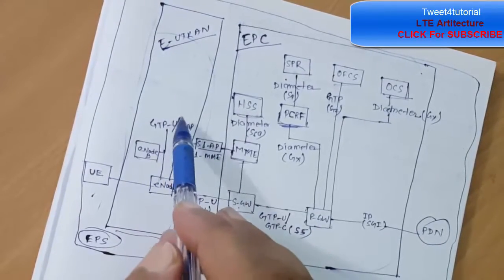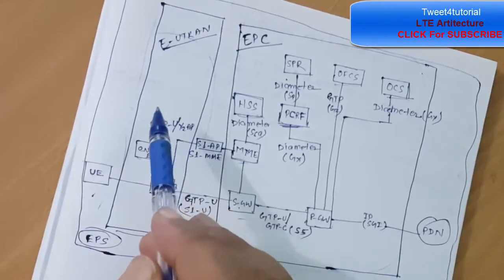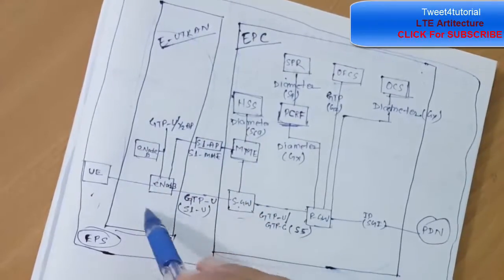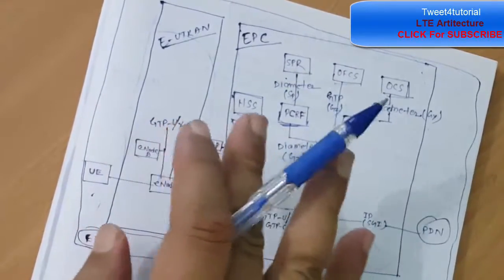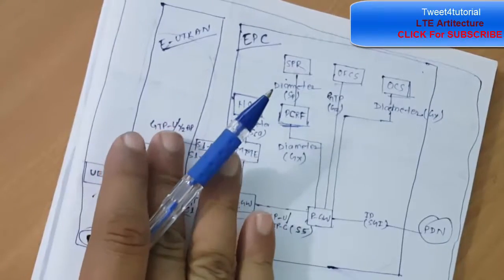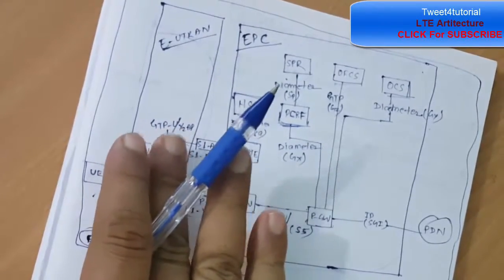We will also discuss ICIC in the next tutorial. So what is the ICIC concept? Here we can only know the functionality of all these things of the eNodeB.